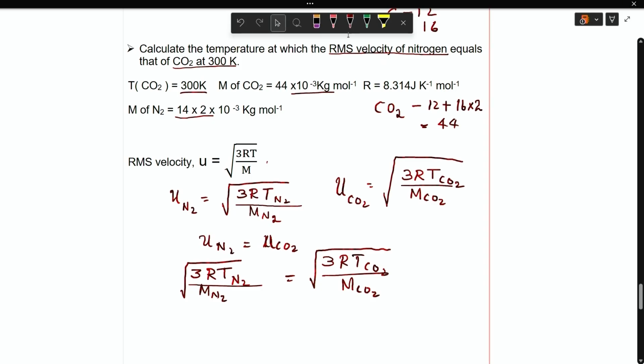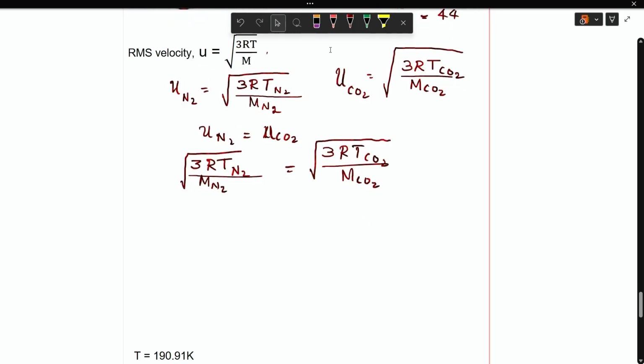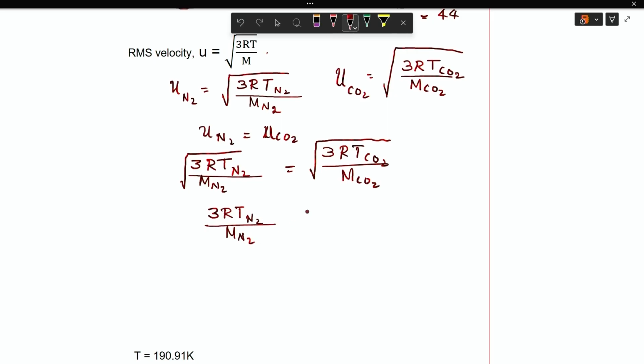Now, since on both sides we have root, you can square both or you can remove the root. I can write this expression as 3RT of nitrogen divided by molecular mass of nitrogen will be equal to 3RT of carbon dioxide divided by molecular mass of carbon dioxide.